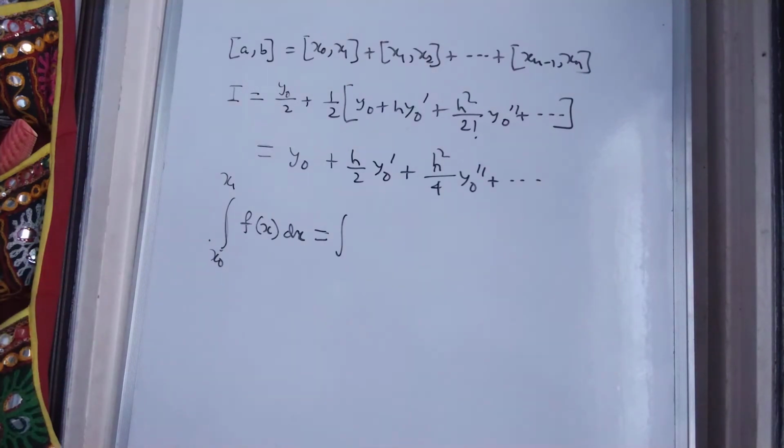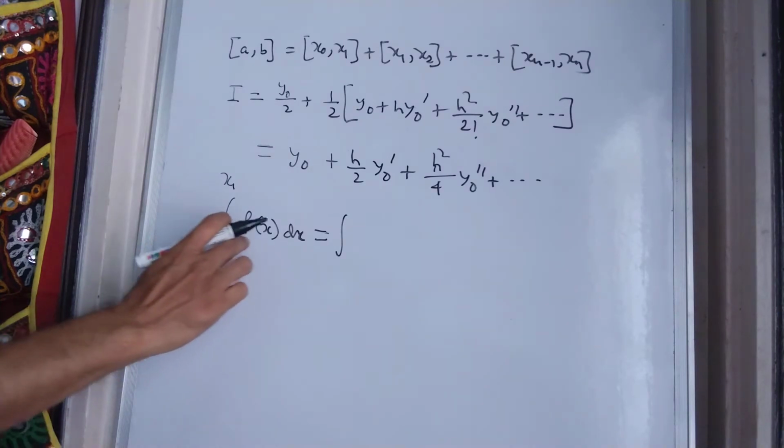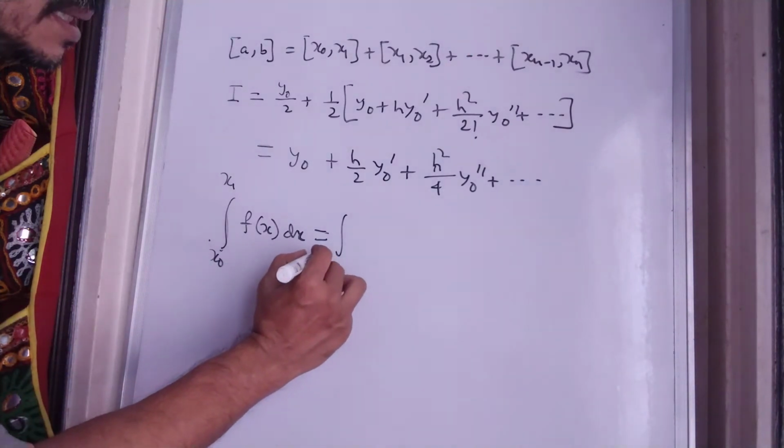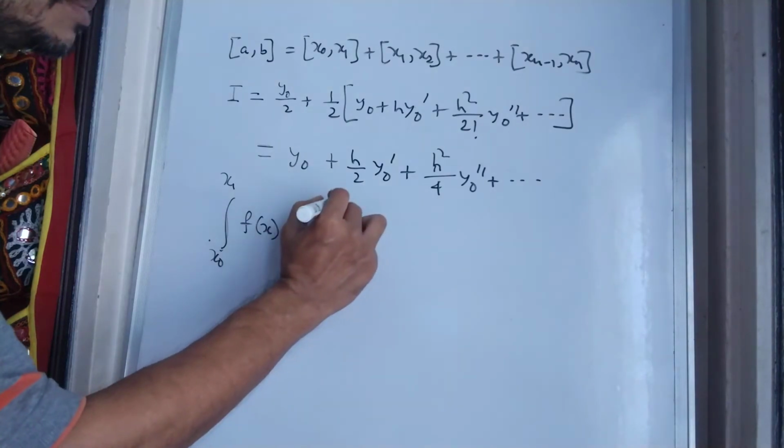Now just replace this fx by the formula which Taylor series gives us. Then what it becomes?